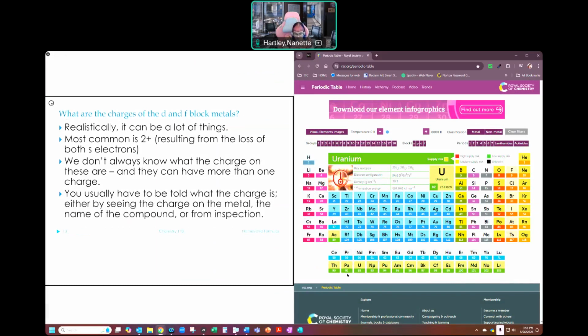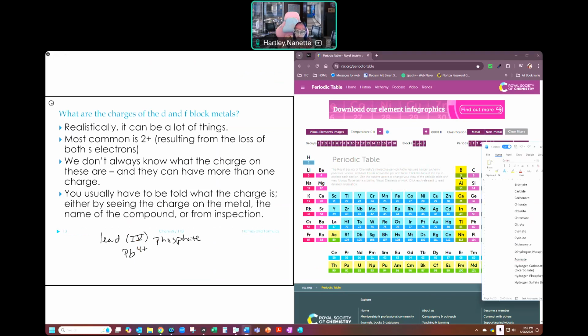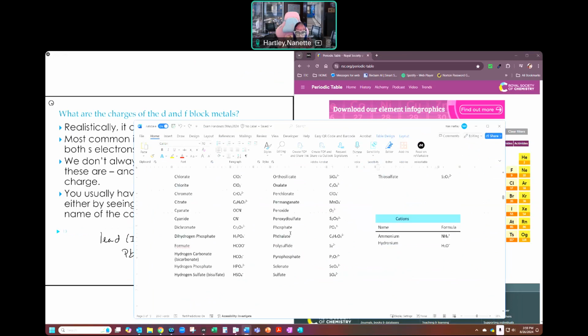So it could be in the name. If I see something that says lead IV phosphate, then I know that my lead, which is Pb, has a 4+ charge, because that's what this IV means. It means 4. And I know lead is a positive charge, so it's lead 4. And then it's with a phosphate ion, which from my table I know is listed right here as PO4 3 minus.